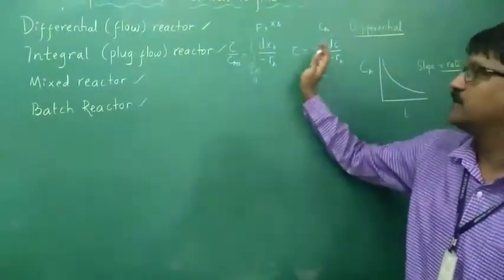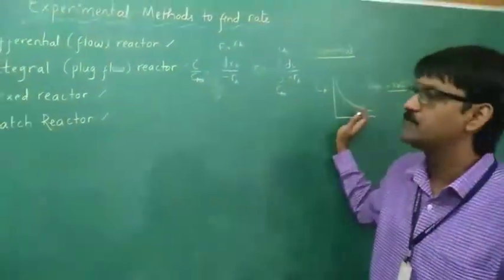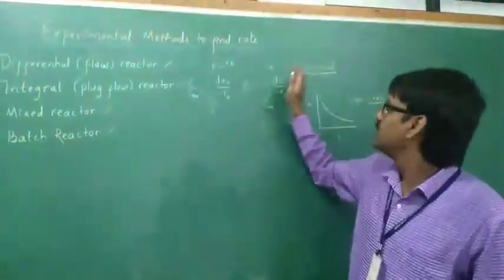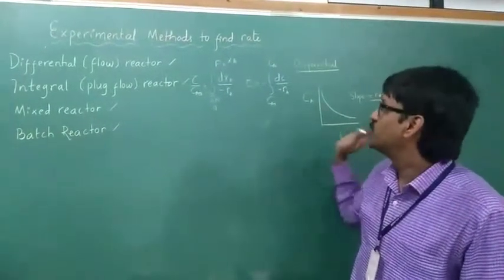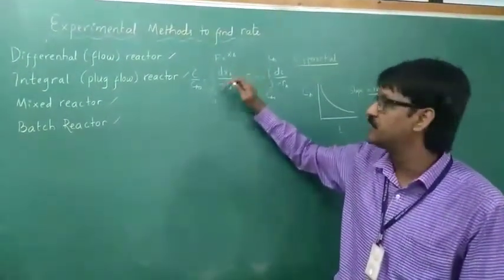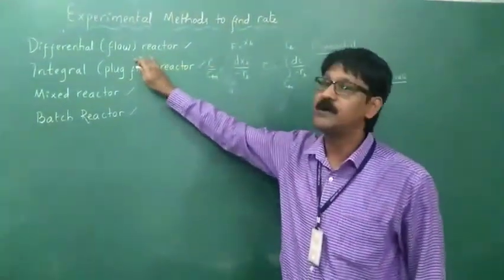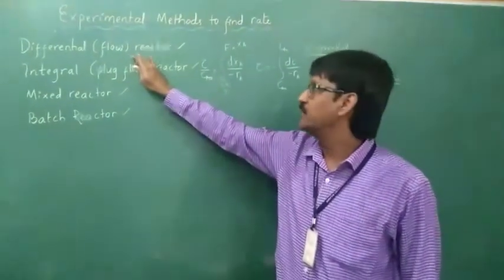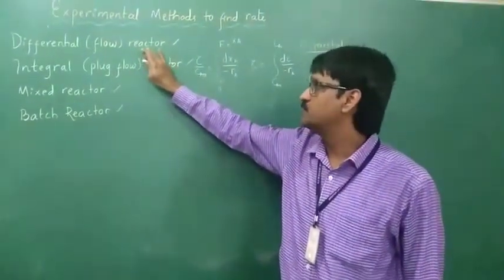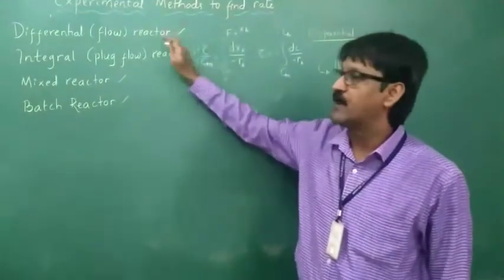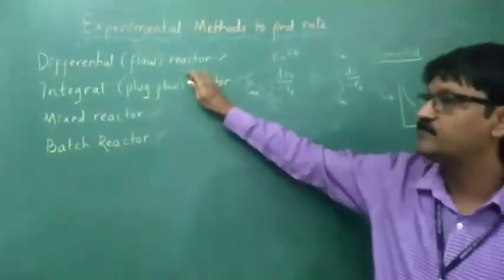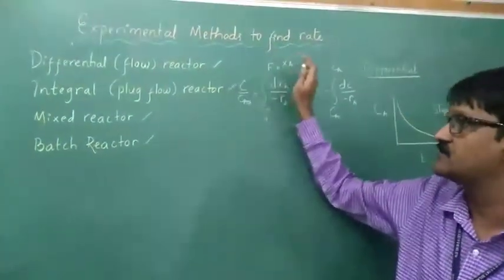Try to adopt the integral method to solve the problem, so you can easily get the answer. If it is not possible by the integral method, then we adopt the differential method, because it requires a lot of data, high accuracy, and the rate of reaction is the same across the reactor.